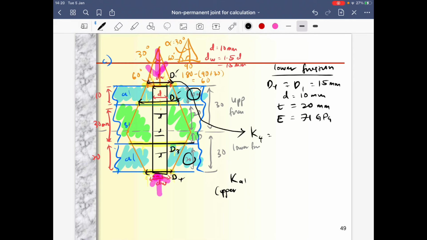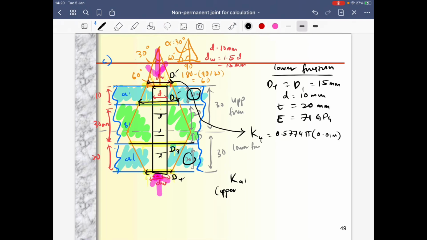K4, okay, so K4 is 0.5774 pi. For the diameter, change it to the SI unit. So pi times the small diameter, which is 10 mm, so 0.01 meter.